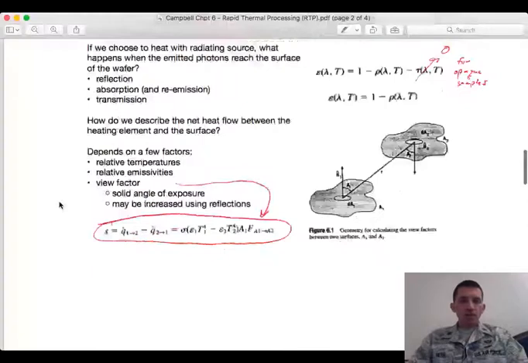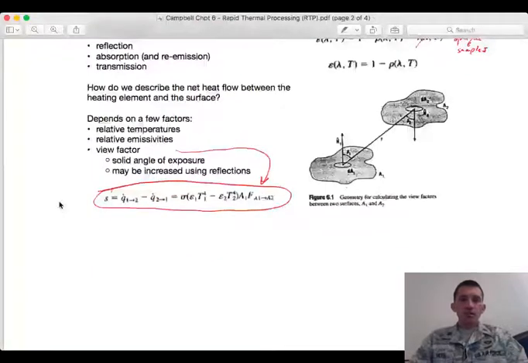Okay, so how do we get the heat from the heating element, the lamp, to the wafer, and what modifies how much of that energy makes it from one to the other? This expression from Campbell describes some of these factors. We have S, the net heat transfer.